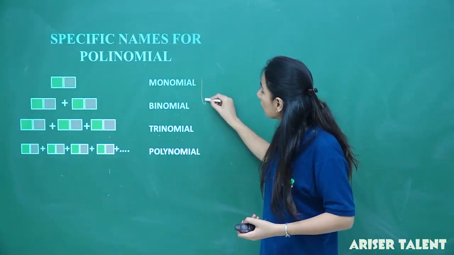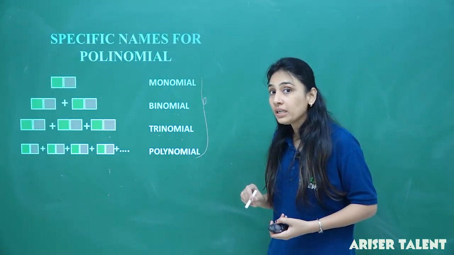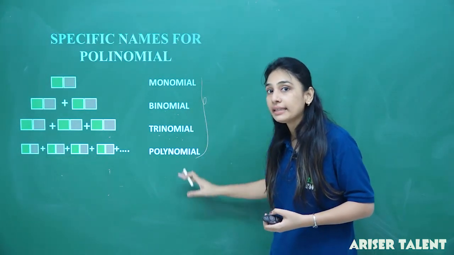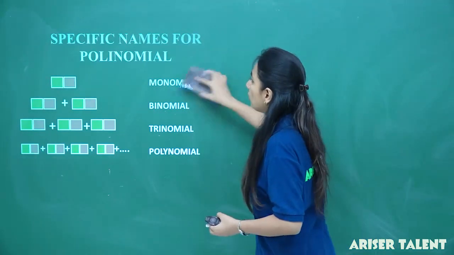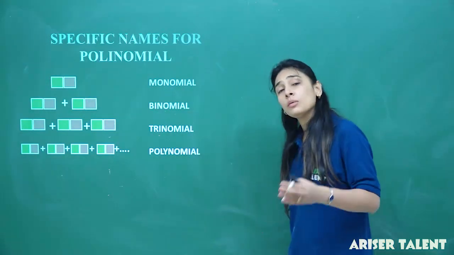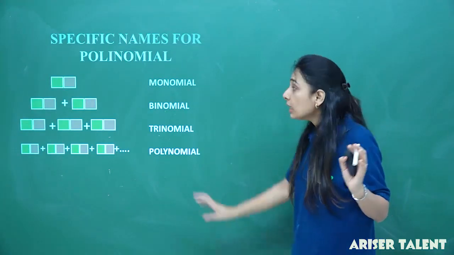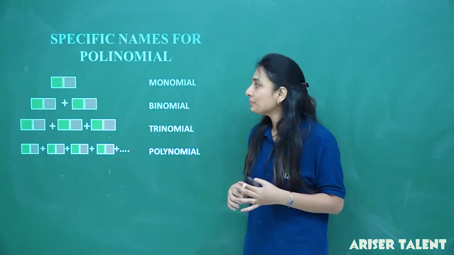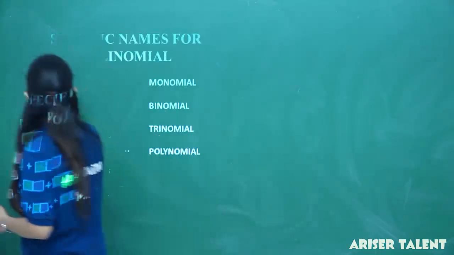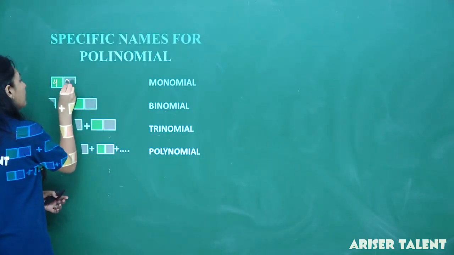Basically, we call these all polynomials, but we have bifurcated them in this form, right? So what is the meaning of this? The green box is some coefficient and the pink box is what? A variable.